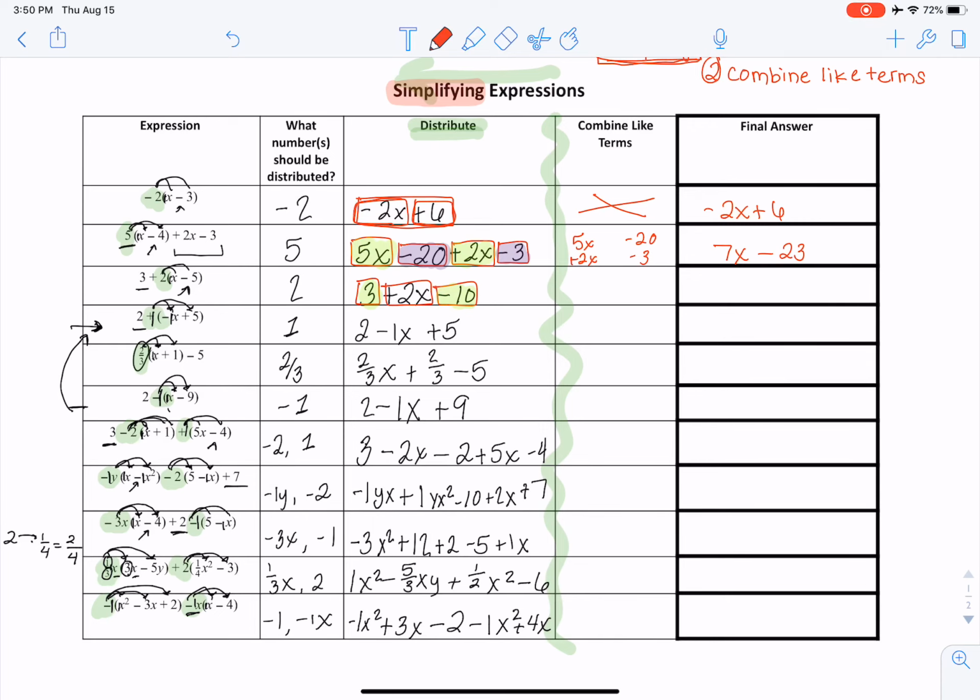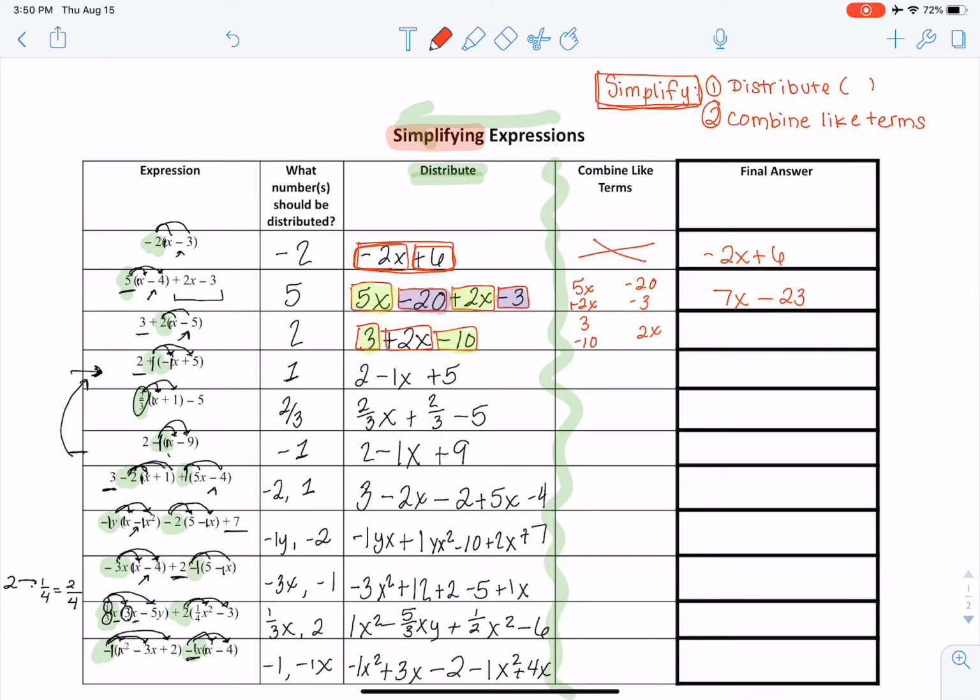So when I come over here, the like terms are 3 and negative 10, and the 2x is its own group by itself. 3 and negative 10 I can think of as 3 minus 10. If you subtract 10 from 3, you end up at negative 7, and my positive 2x stays.